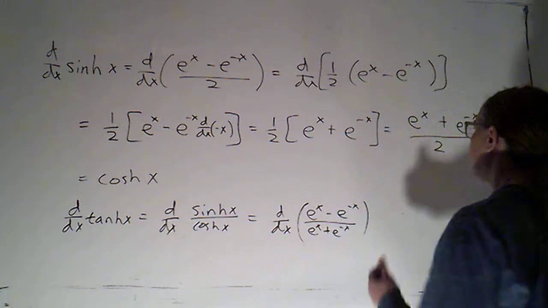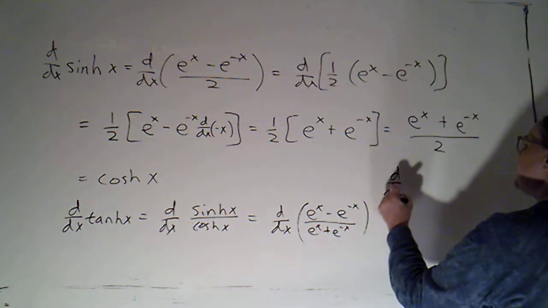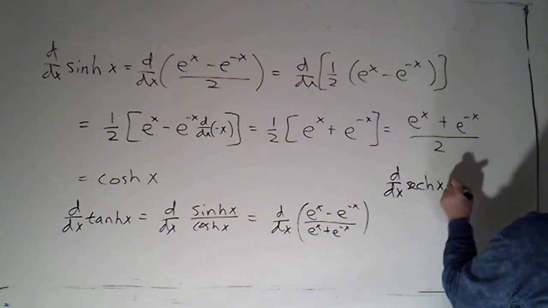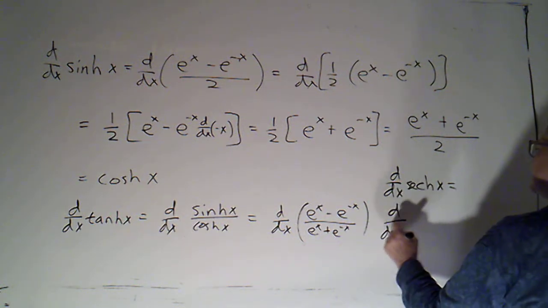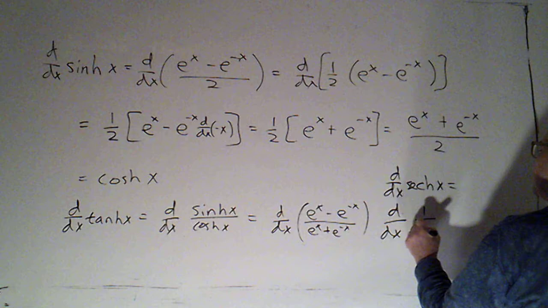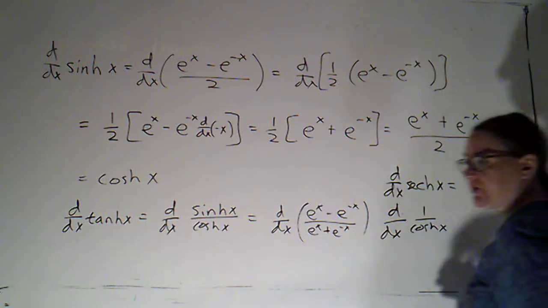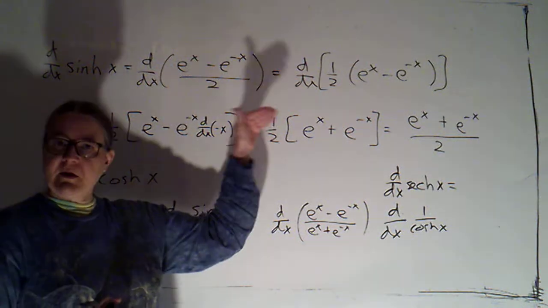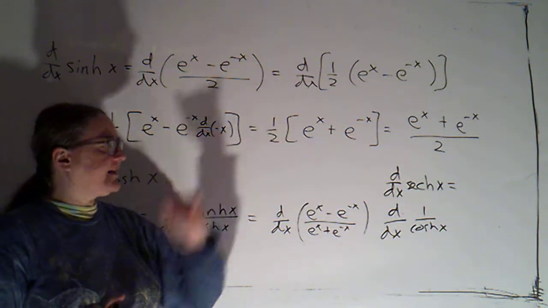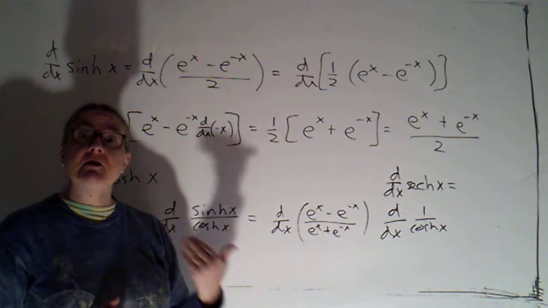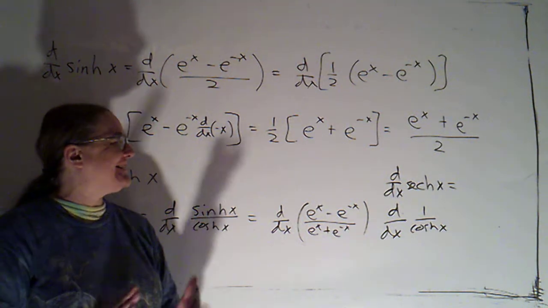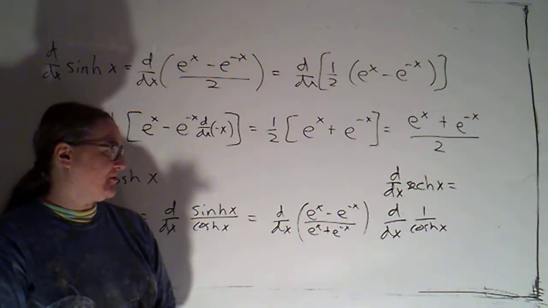And I'll also point out that when you get to the derivative of sech and cosech, sech is the reciprocal of cosh. Now, when we were working with regular trig, and we were doing the derivative of secant, we had to write it as the reciprocal of cosine and use quotient rule because we didn't yet know chain rule.